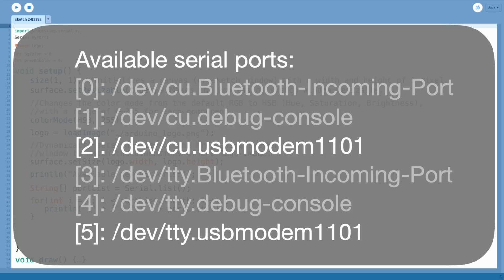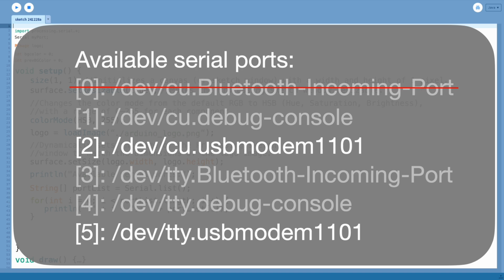However, what's important here is it absolutely is not what's at index 0 of my available serial ports. It is absolutely not that. I can test back and forth between the CU USB modem 1101 and the TTY USB modem 1101, but absolutely, it's not going to be the USB incoming at 0.